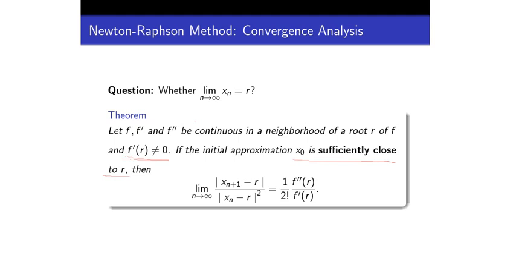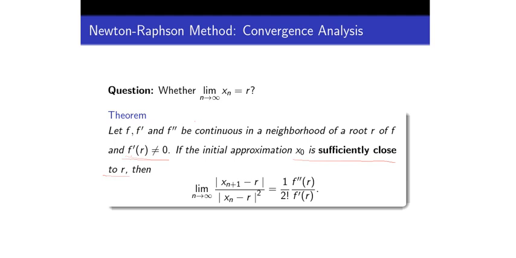That question does not have a clear meaning, but it says you have to be very careful in choosing x naught, and try to choose x naught very close to r. That's what it means.